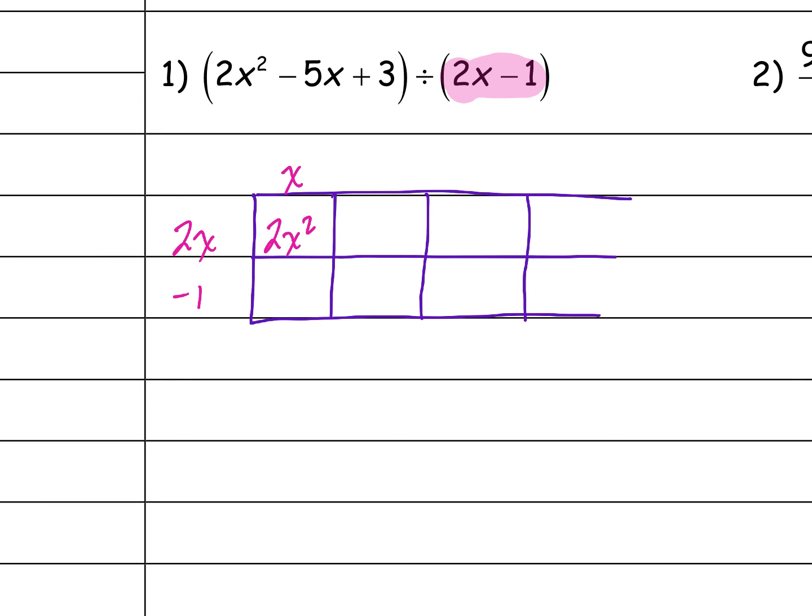So x times negative 1 is negative x. And what do I add to negative x to get negative 5x? Negative 4x. And what do I multiply negative 2 by to get negative 4x? Negative 2. And negative 2 times negative 1 is 2. I almost said 3. And what do I add to 2 to get 3 would be 1. So plus 1 over 2x minus 1.